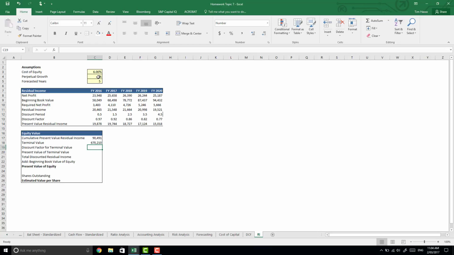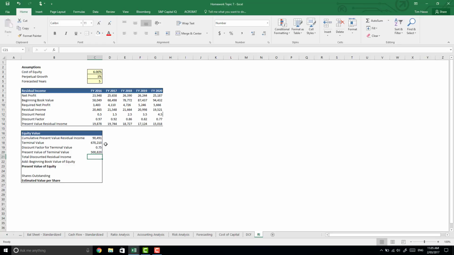670,210. Now the discount factor for the terminal value is going to be again equal to 1 divided by 1 plus the discount rate, which is in this case in cell C3, to the power of cell C5, which has the number 5 because we're discounting it back 5 years, which means if the terminal value is worth 670,000 at the end of year 5, to get it back to the present value, we need to multiply by the discount factor, and that tells us that the present value of the terminal value is 500,820.